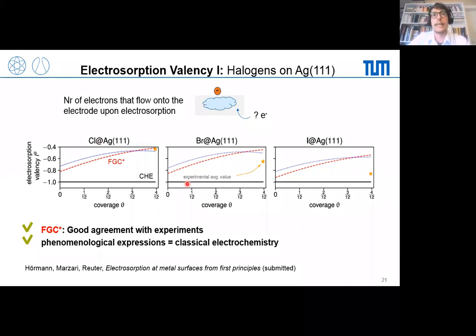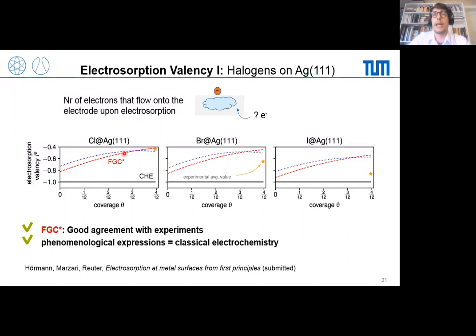What we can see here in the orange star is the experimental value. So you can clearly see experimental values that are different from -1. The electrosorption valency for chlorine is somewhere here at -0.5, and for iodine somewhere down at -0.8.